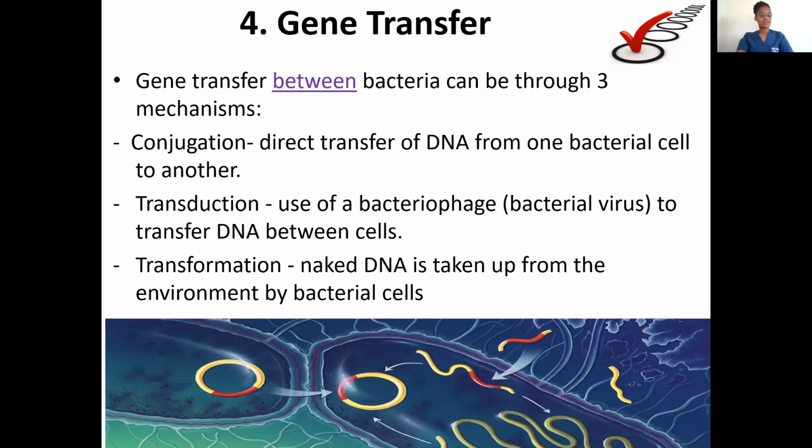The second one is transduction, whereby you use a virus that infects a bacterium, called a bacterial phage, to transfer DNA between cells. Then we have transformation, whereby naked DNA is taken up from the environment by bacterial cells. So I'm going to explain each and every one of them.